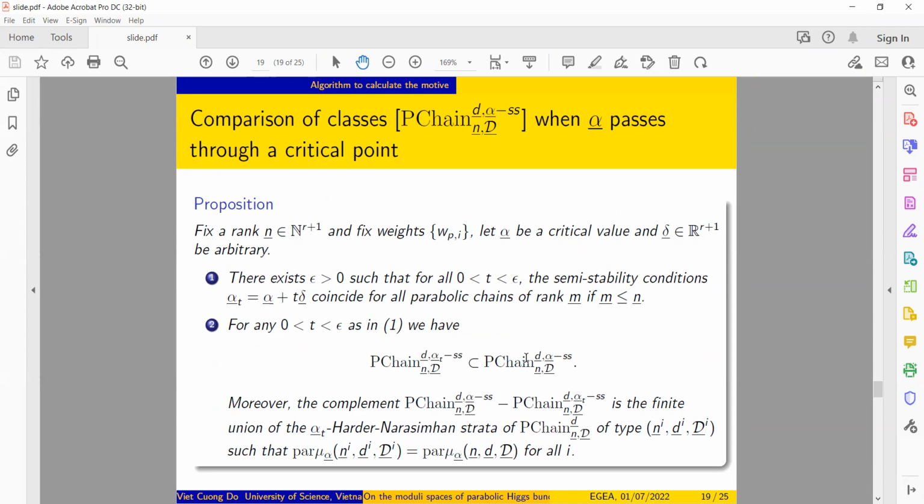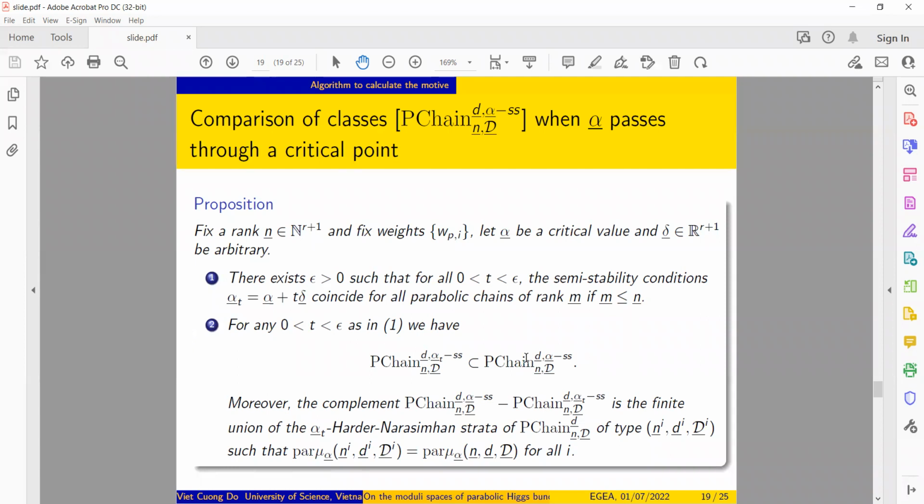Because the space R to the power n plus one is very big, we try to focus only on some line in this space, and it's good enough for our application.